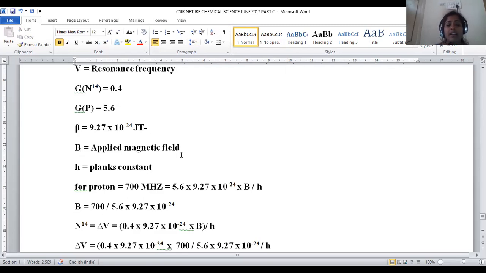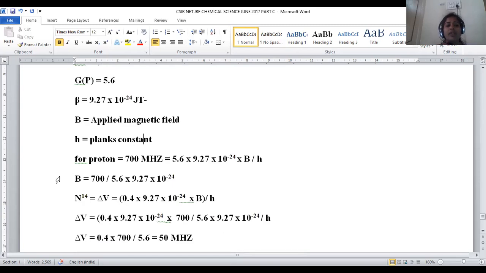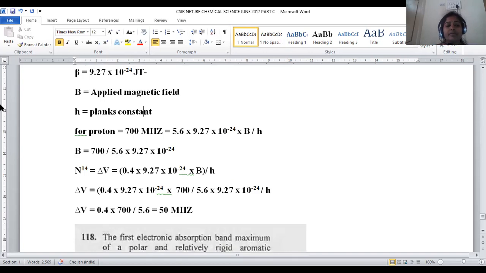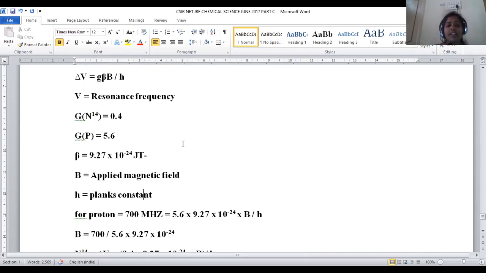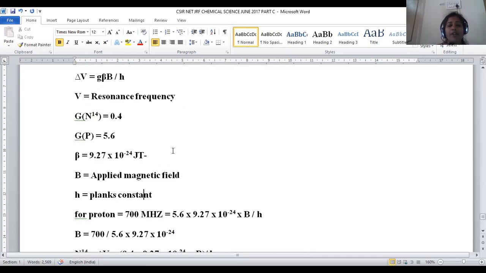B is denoted as the applied magnetic field. How much magnetic field we are applying, that can be taken as this B value. For proton, the resonance frequency is given as 700 megahertz, and h is Planck's constant. So for proton, 700 is equal to 5.6 times beta times B by h.